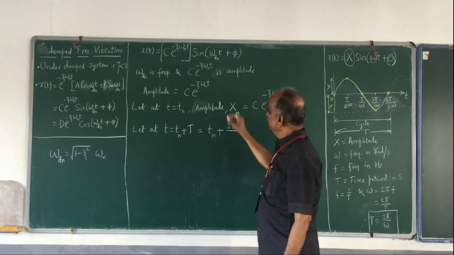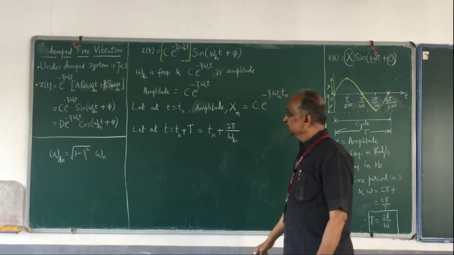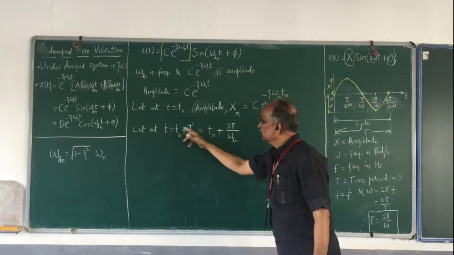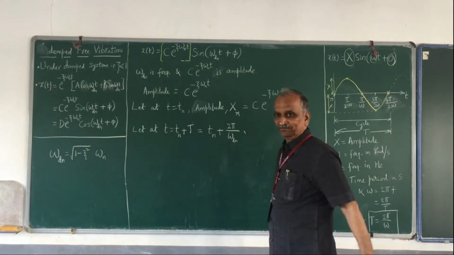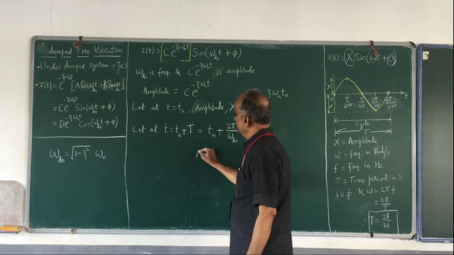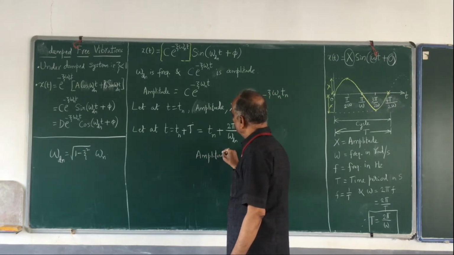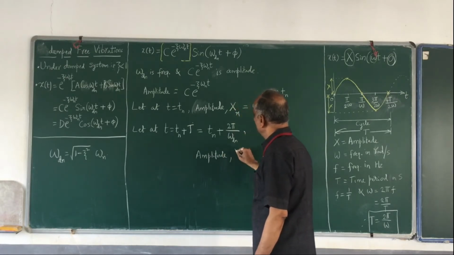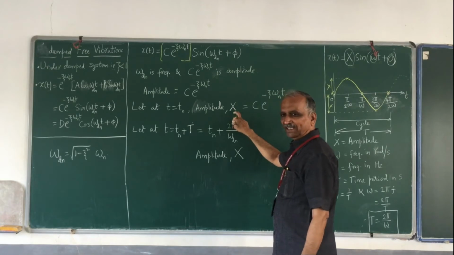What is the frequency? Frequency is omega dn. So at t equal to this much, I have completed one more cycle. So what is the amplitude now? In the same notation, what should I call this?